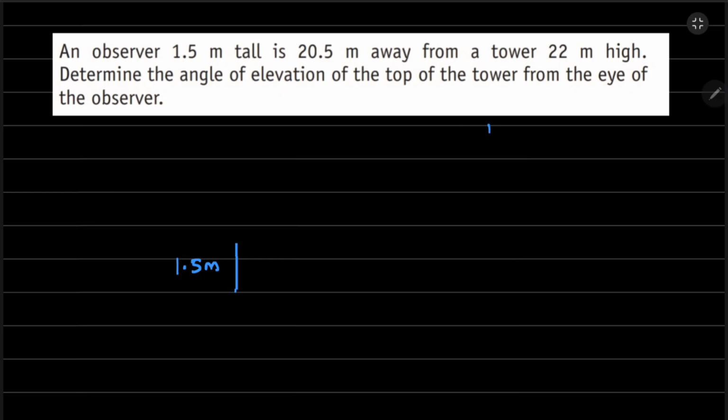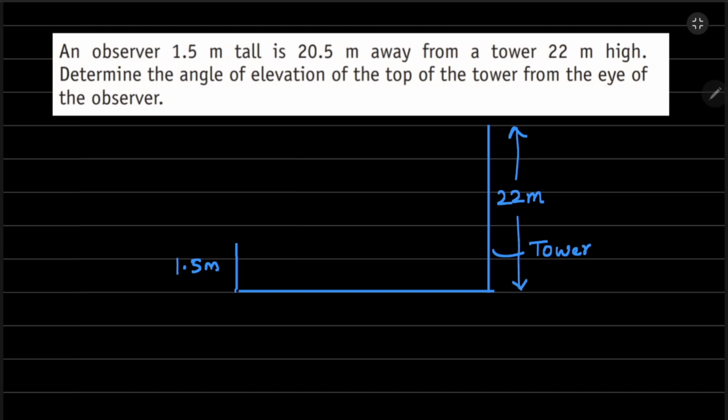Okay, so let's draw a tower. The tower's height is 22 meters and the observer is at a distance of 20.5 meters. So this is your tower of height 22 meters. And the distance between the observer and the tower is given as 20.5 meters.